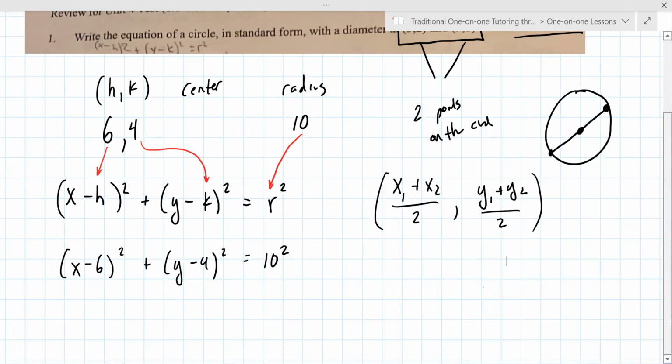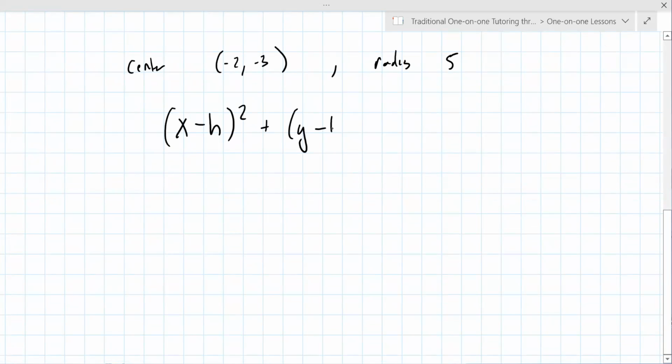Let me give you an example, if you don't mind. Let's say I tell you that the center of the circle is at -2, -3, and it has a radius of 5. (x minus h) squared plus (y minus k) squared equals r squared.